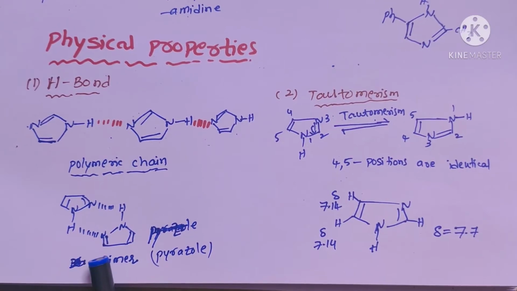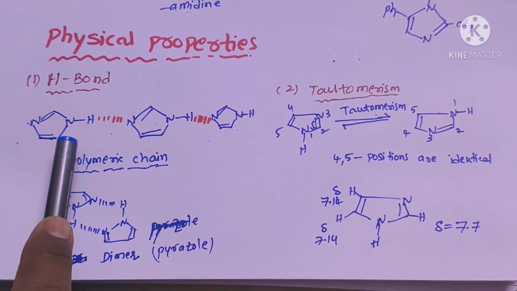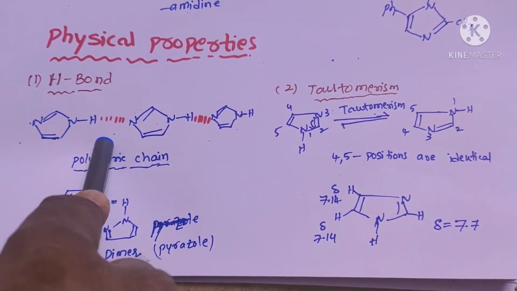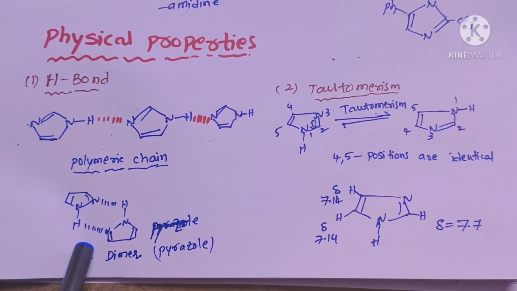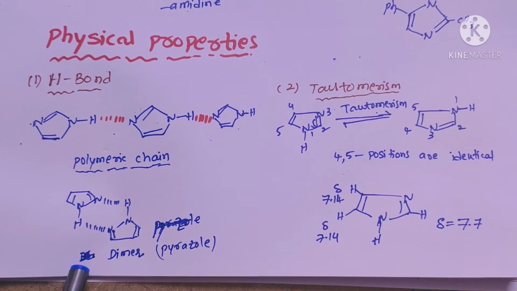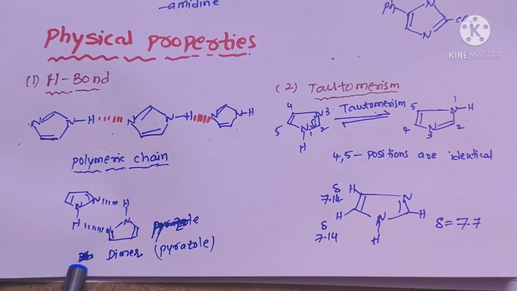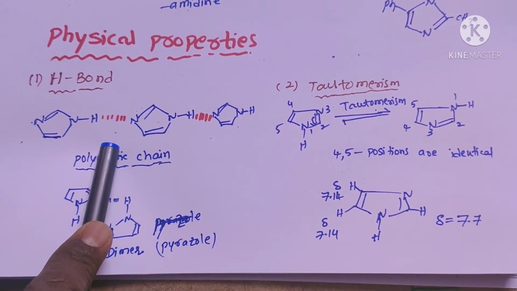So we can say that imidazole's melting and boiling points are greater than the melting and boiling points of pyrazole. Pyrazole exists as a dimer, whereas imidazole exists as polymeric chains.